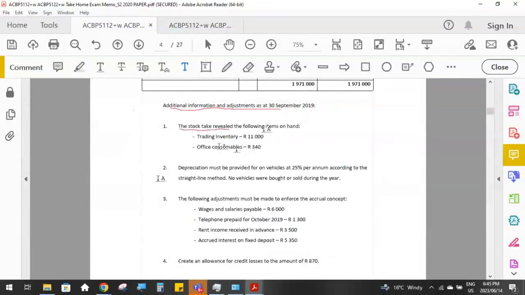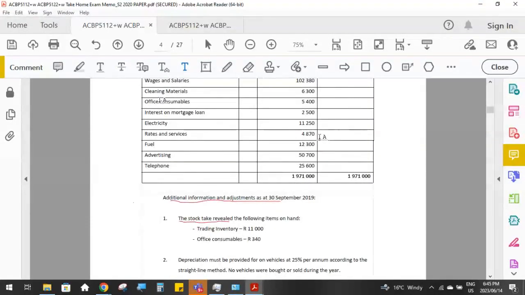Then the other item says that when we did a stock count, we also recorded that we still have on hand 340 rands worth of office consumables. So if we go to the expense side here, we see that we purchased office consumables of 5,400 during the year, which means each time we bought office consumables, we debited the expense account office consumables and credited trade creditors. But now of that 5,400, there's 340 rands worth that we have not used.